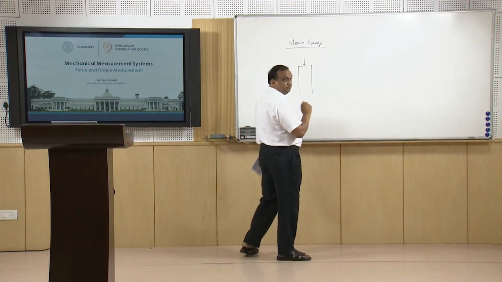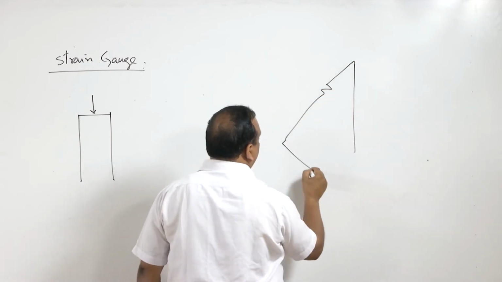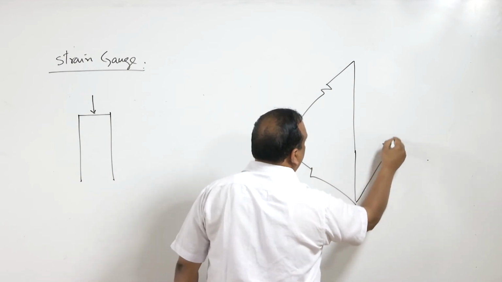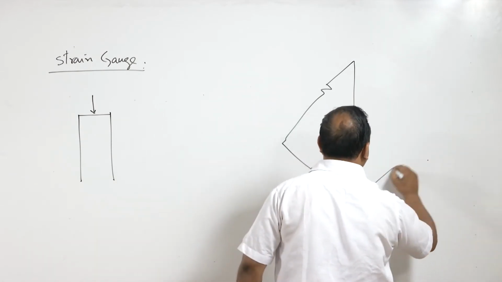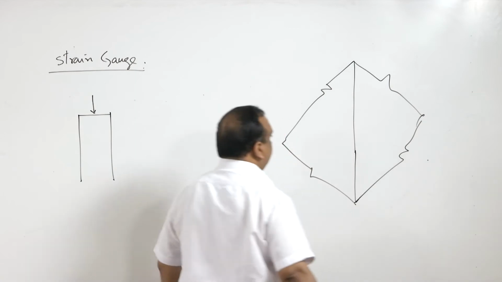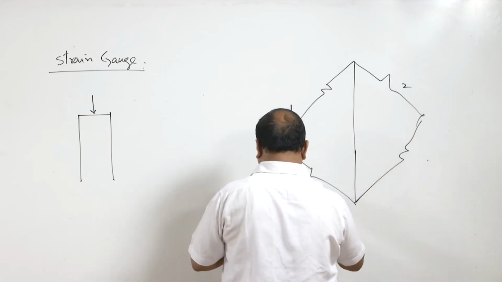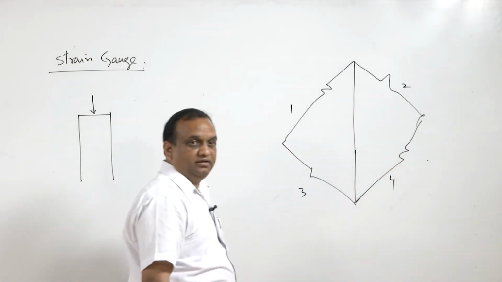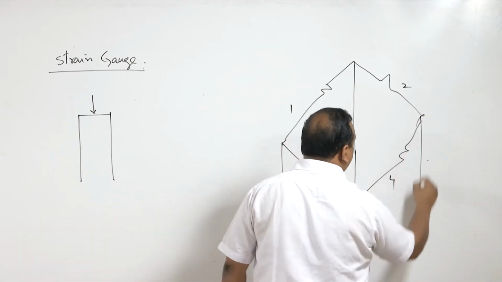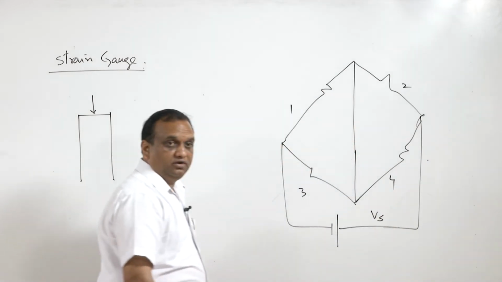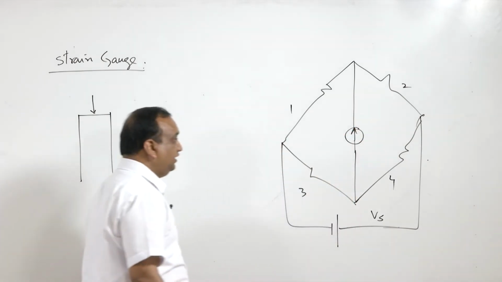Now 4 strain gauges are fixed, and they represent each arm of a Wheatstone bridge. The arms are 1, 2, 3, and 4, and some input Vs is provided. These arms are balanced, so there is no deflection in the galvanometer.